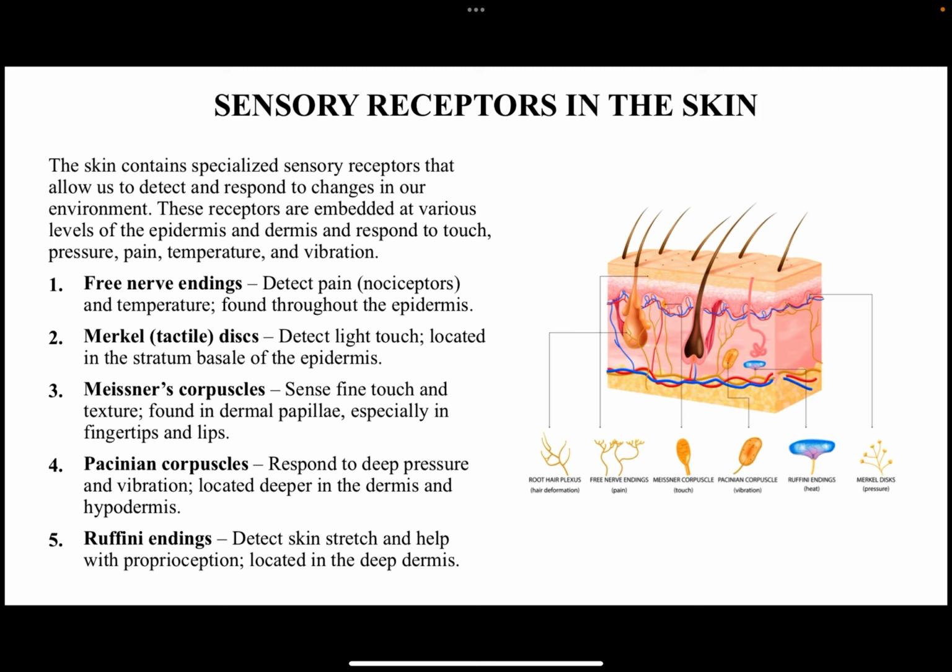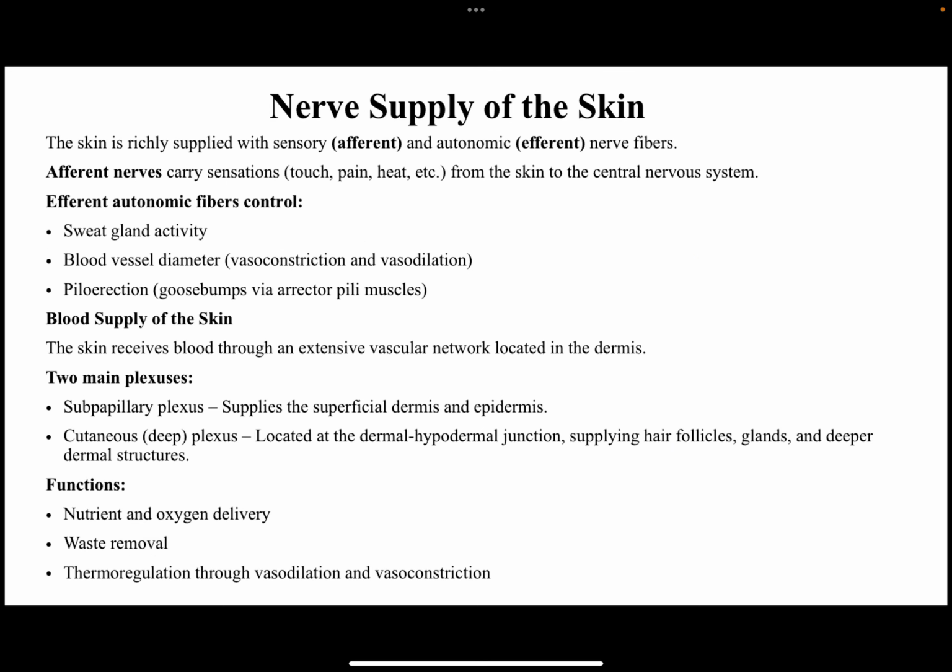Most of these sensory receptors are within the dermal layer of the skin, like the Ruffini endings. Pacini corpuscles detect vibration and are found in the reticular layer of the dermis. The Merkel disc, or tactile disc, detects touch and pressure, located within the stratum basale of the epidermis. So you should be able to draw and describe the sensory receptors in the skin.